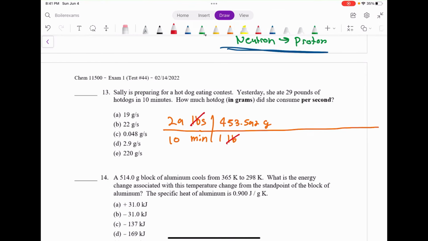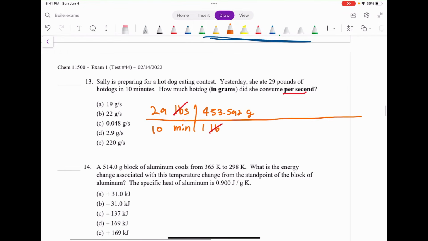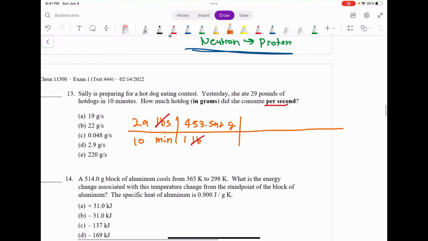Now I have grams per minute. Let's get minutes into seconds. I know in 1 minute there are 60 seconds, so I'm going to put minutes on the top so that those cancel. Minutes cancel with minutes, and now the only units I have left are grams and seconds. I didn't even need all this space.